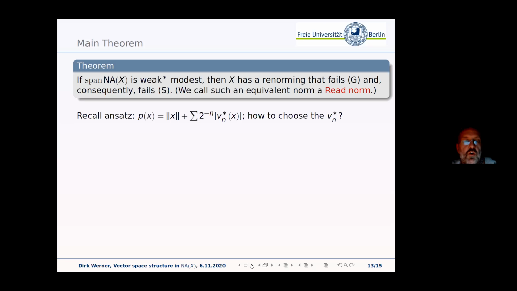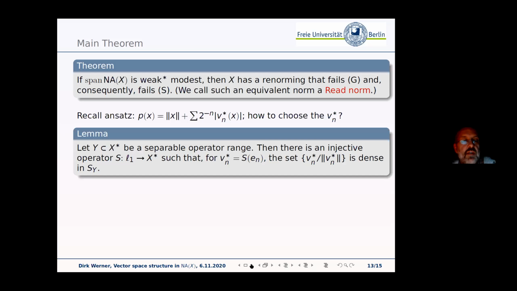Let's look at the ansatz and let's look at our wish list and let's see what we can do. So we started from renorming X by means of this P, and we want to choose the Vn star, the functionals, in a proper way.